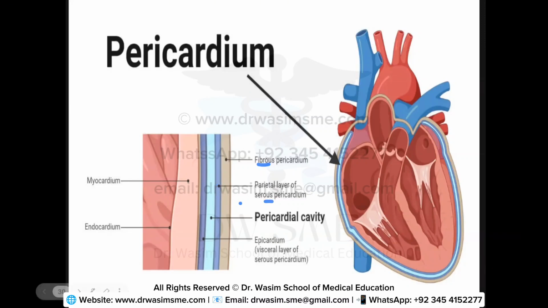Between or below this is the actual pericardial cavity, and below that will be the second layer, the visceral layer of the serous pericardium. So first we have the fibrous pericardium, then the parietal layer of serous, then the pericardial cavity, and then the visceral layer of the serous pericardium. Beneath that, we have the myocardium and endocardium.